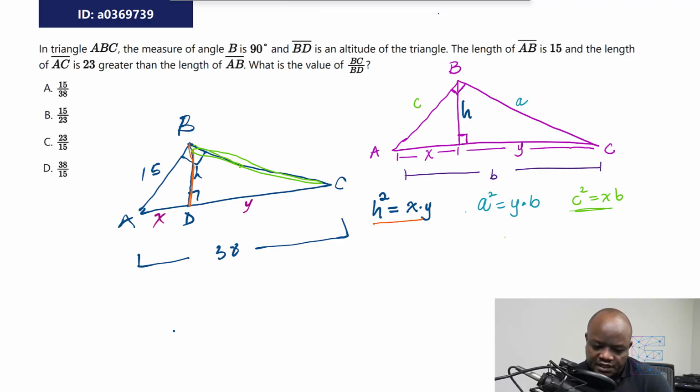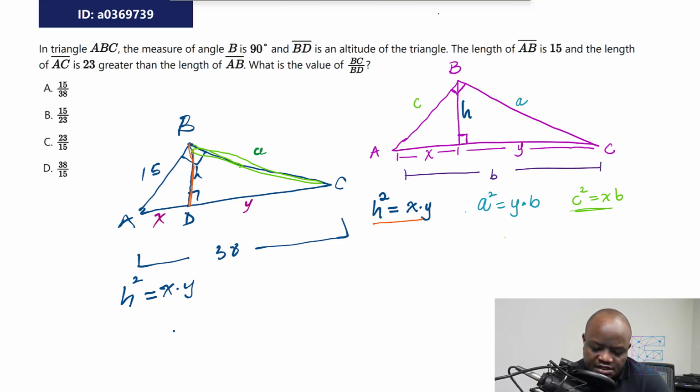So let's hop in. Let's start by finding the altitude. Based on the formula, h squared equals x times y. There's nothing much we can do because we don't have a whole lot of numbers provided there. So let's switch focus and try to find BC. BC, let's call that little lowercase a.